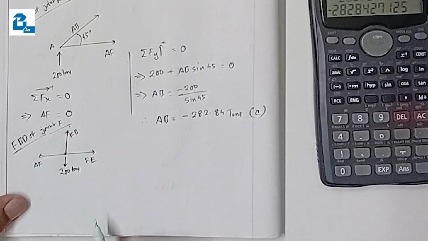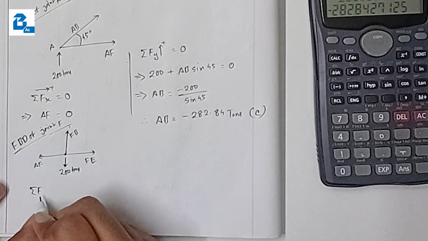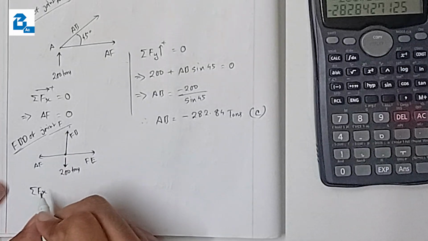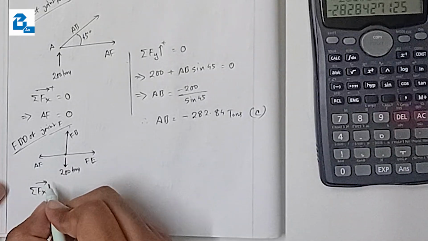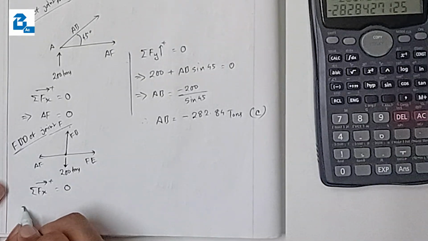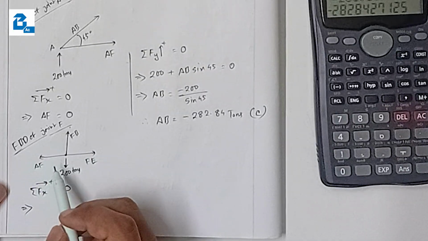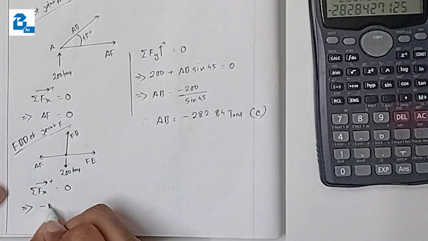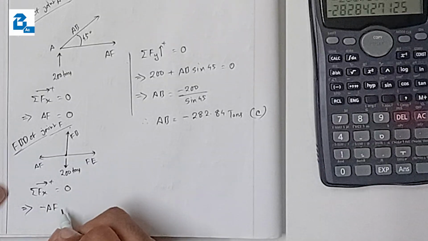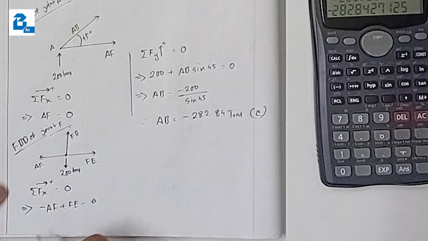Okay, now let's take the summation along the horizontal axis, again taking rightward as positive, equals 0. Then we get, since AF is pushing leftward, minus AF and then plus FE equals 0.